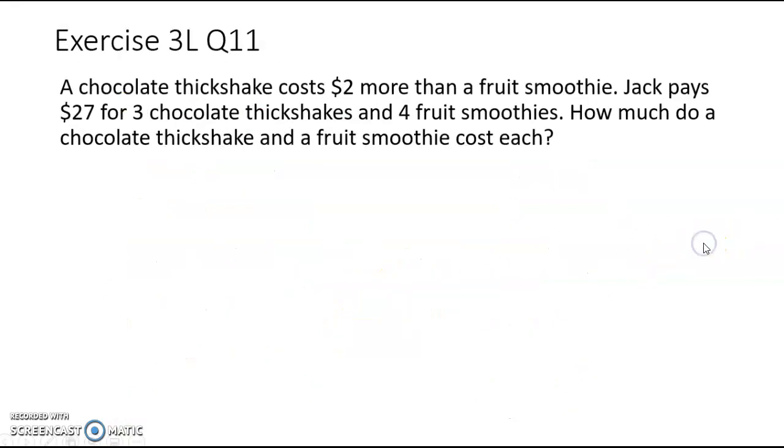Okay, second question. A chocolate thick shake costs $2 more than a fruit smoothie. Jack pays $27 for 3 chocolate thick shakes and 4 fruit smoothies. How much does a chocolate thick shake and a fruit smoothie cost each? Okay, so we'll say C is the cost of a choc shake, F is the cost of a fruit smoothie.